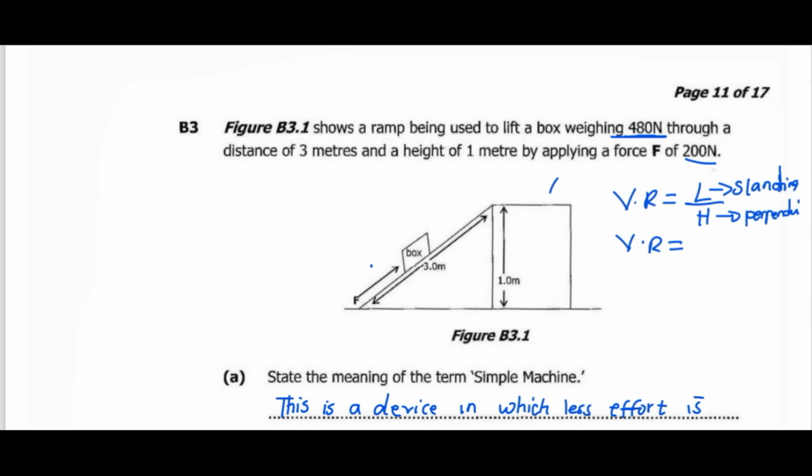So the slanting length is this distance, and we can see that we have 3.0. Then the perpendicular height is this one, the height that moves against gravity, which is 1.0. So if we cancel this, we can see that our velocity ratio is 3.